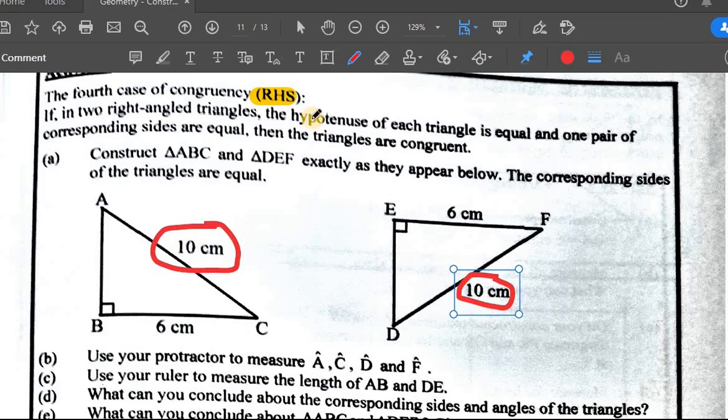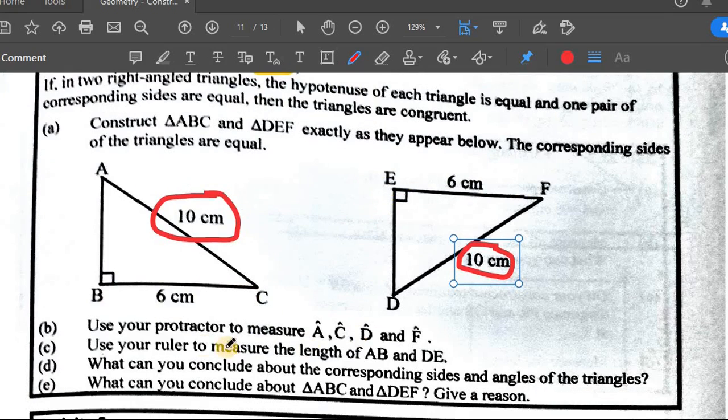We've already realized that this triangle has a right angle, and this triangle has a right angle, so the R is sorted out. Then we look at our hypotenuse, they're the same. We're looking for a side that's also the same: 6, 6. Sorted out. Then they're going to ask you to measure your other angles. Measure that angle, measure that angle.